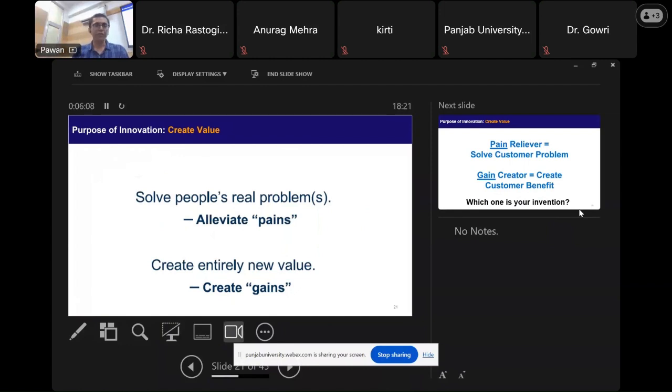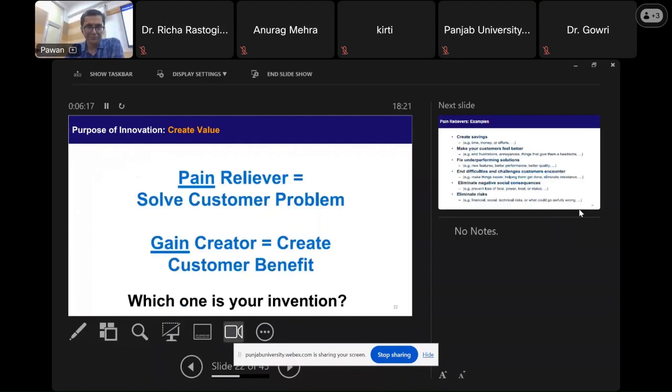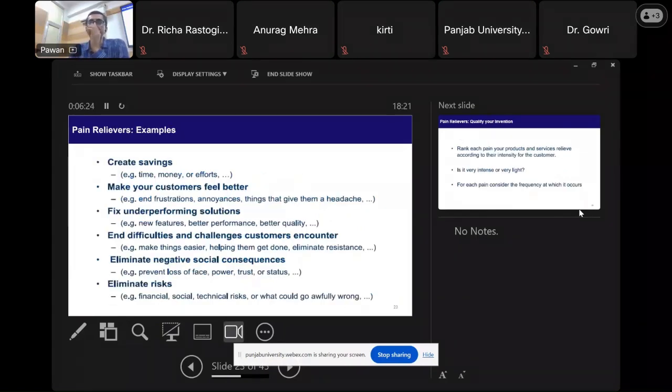A second could be you are giving some gain. There is no pain, no problem as such, but your product is a gain in somebody's life. Let's see some examples of both. Examples of pain relief. Pain relief doesn't mean physical pain, but in general, customer pain.